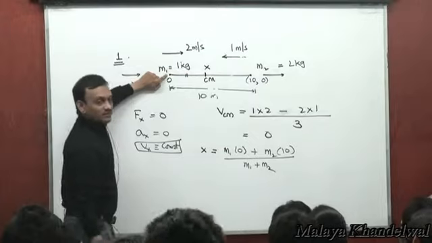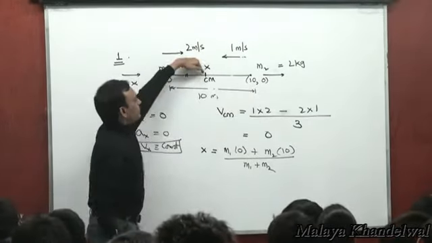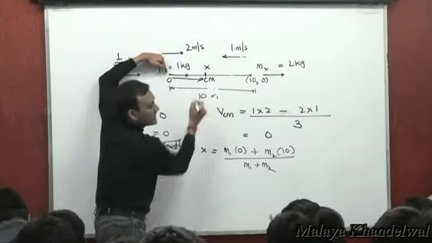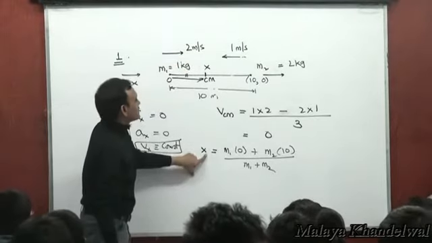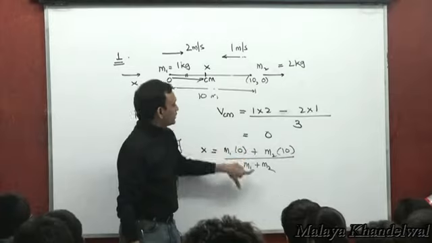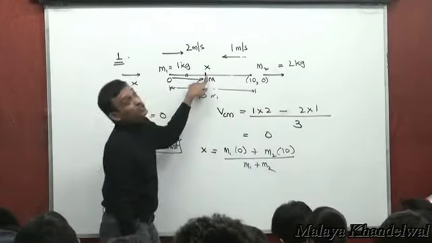That would be x, right? If I take this as the origin, then this becomes 10, 0. The x coordinate of the center of mass would be m1 into origin 0 plus m2 into 10 divided by m1 plus m2. This would give me the x coordinate and it will stay in this position.